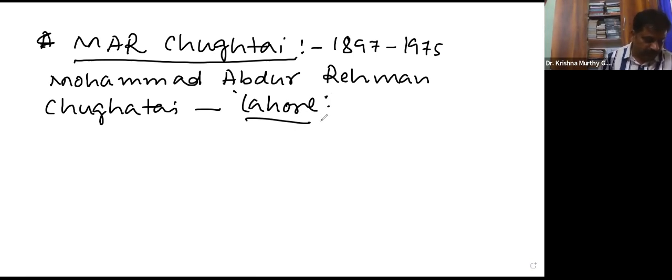He was very much influenced by the Mughal paintings of medieval times. Therefore, most of Chughtai's paintings represent the Mughal as well as the Rajput paintings, because he did research work on Rajput painting as well as Mughal painting.